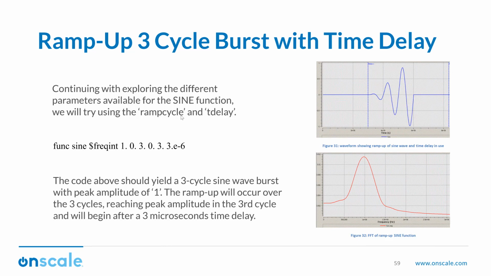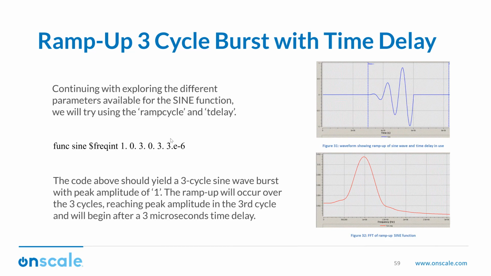Those parameters are the ramp cycle and the t delay. The t delay is pretty obvious. I have added a 3 microsecond time delay, and we see that in this function, basically there is a 3 microsecond delay, so it only starts after that.